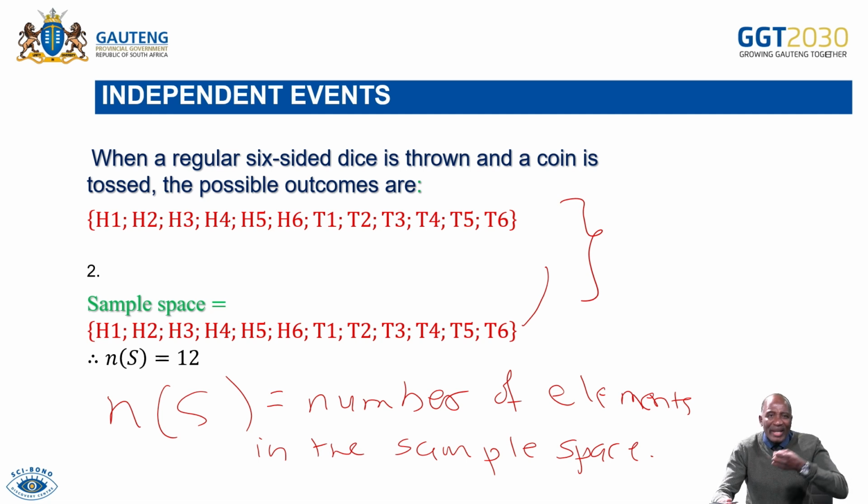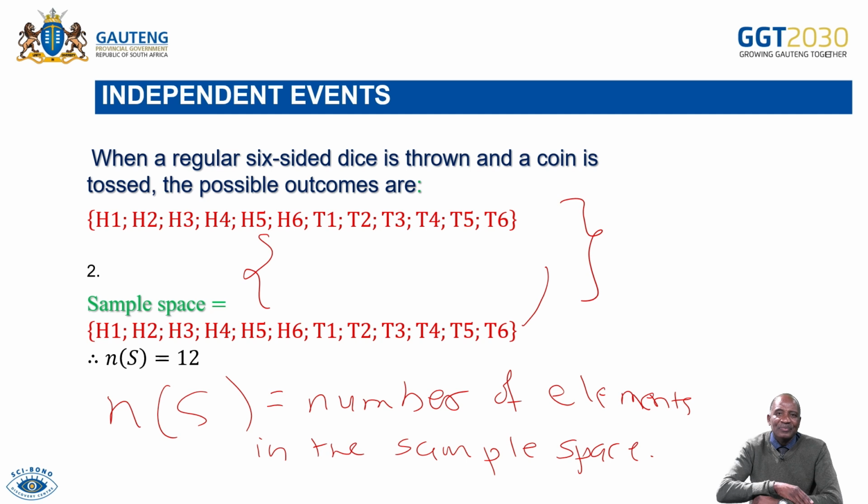Otherwise, the open part of it is like that. It's called a curly bracket, used in sets when you are collecting elements. So my elements here are my possible outcomes when I throw both the dice and coin at the same time. So those are the 12 possible outcomes.